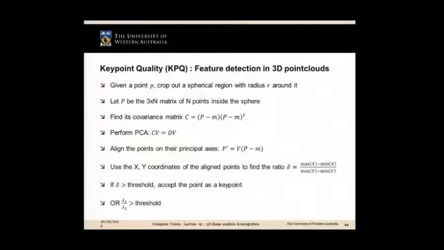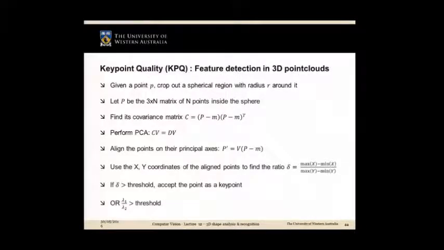That gives them this particular ratio. And if the value of this ratio is greater than some predefined threshold, they accept the point as their key point. Right? And if you carefully read their paper, this is basically an extension of the Harris corner detector, but it has been done in 3D, and they got really good results, very highly repeatable key points.